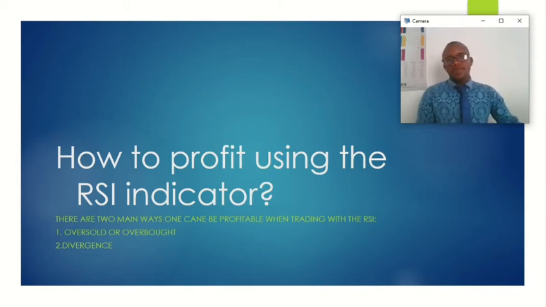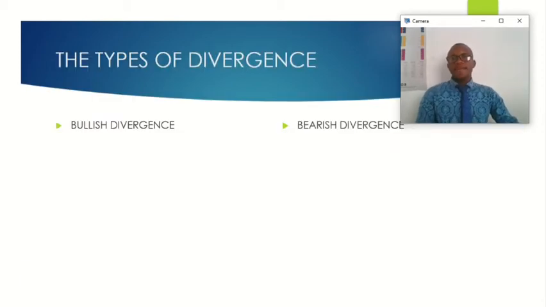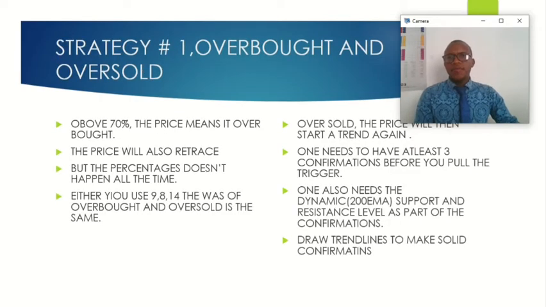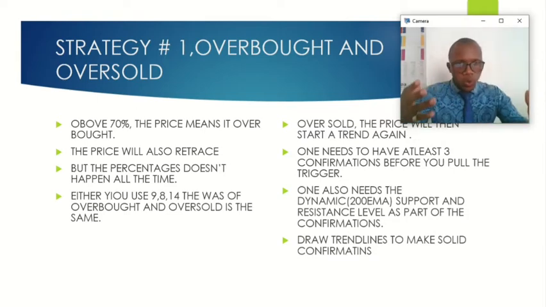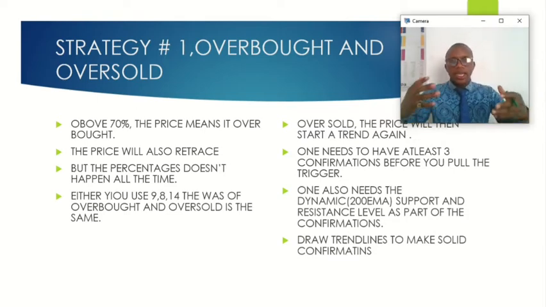So guys, it is very much advisable that you know exactly when the market is called oversold and when the market is called overbought.